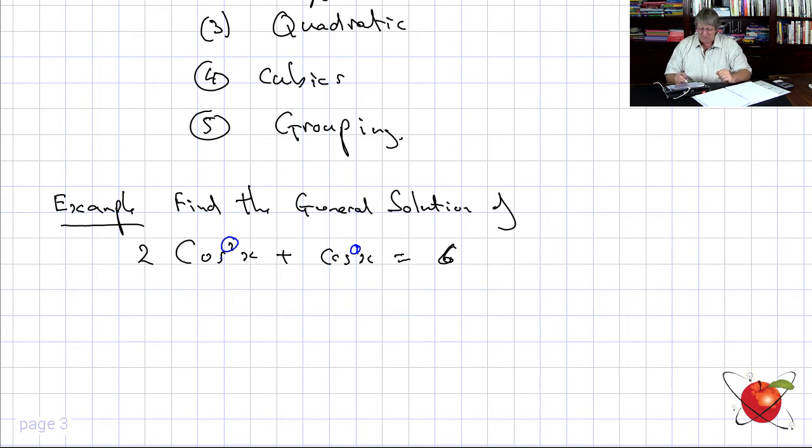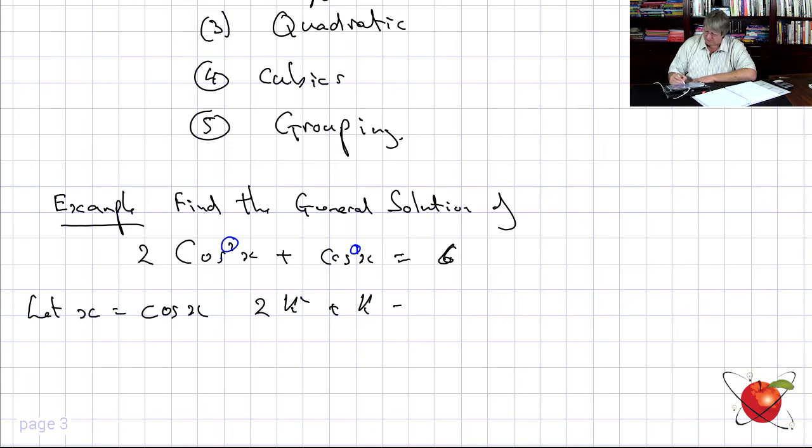Well, if you really wanted to, you could say, let k equal cos x, right? Therefore, it's going to be 2k squared plus k minus 6 equals 0. And you would then solve, and that gives us this.